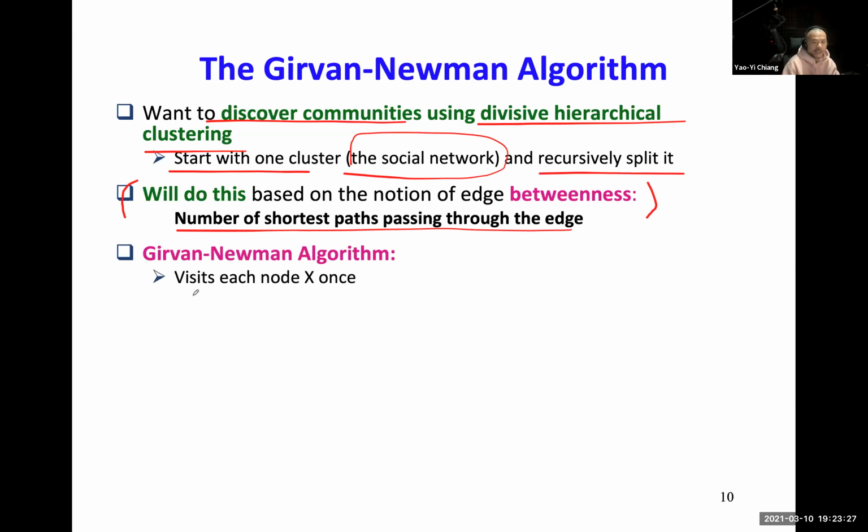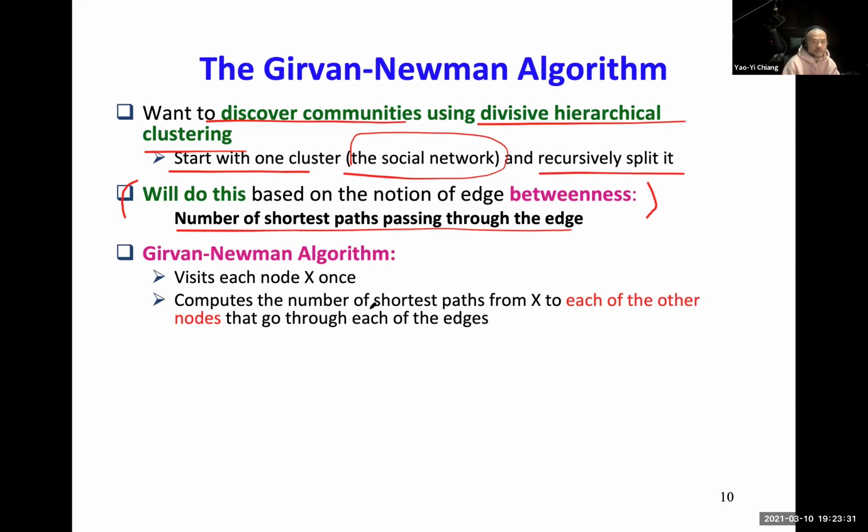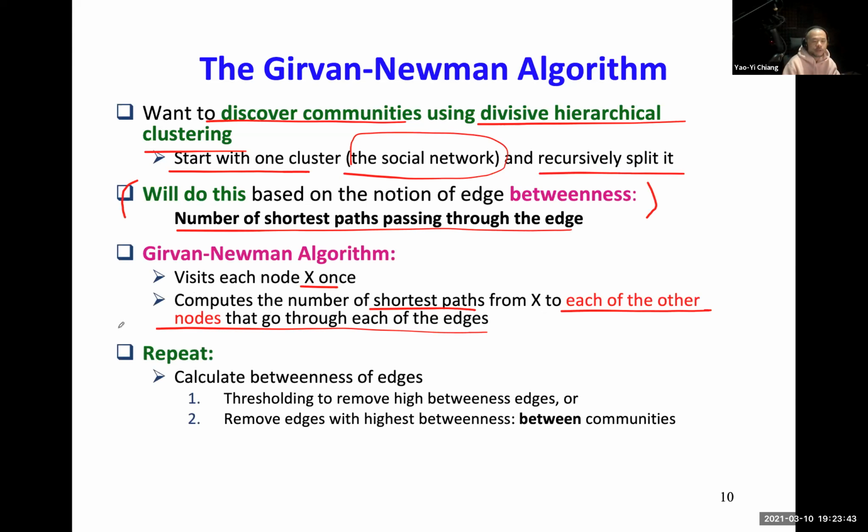You start by looking at each node. You compute the number of shortest paths from each node to each of the other nodes that go through the edge, just like what we did in the example. Then you repeat the process to calculate the betweenness of each edge.